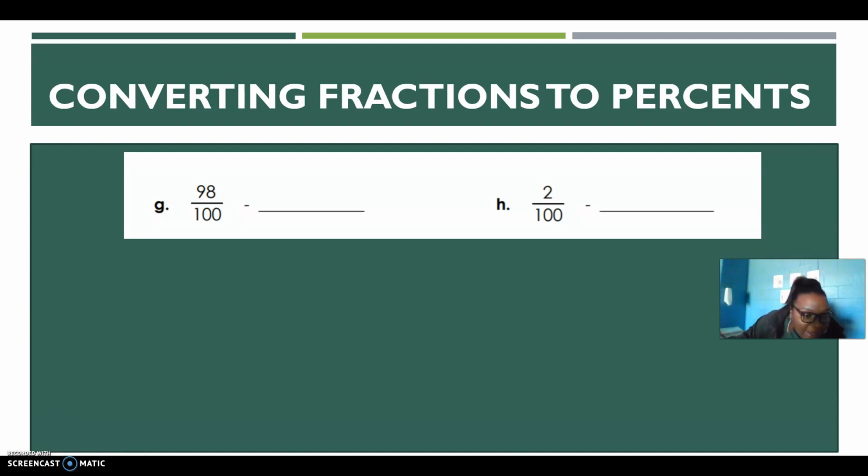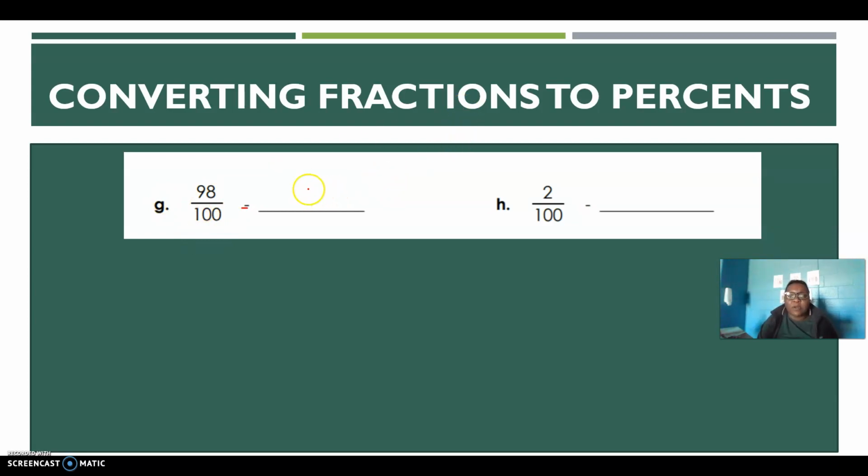We're going to convert 98 hundredths, yes, 98 over 100, into a percent. It's important for us to remember that percent literally means per 100.